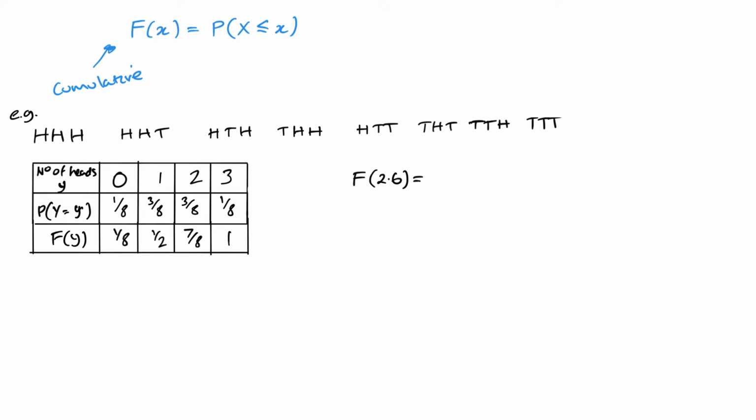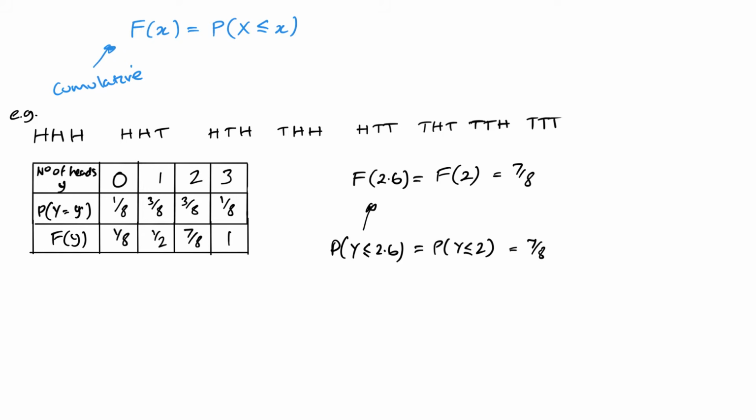So if this is the probability when y is less than or equal to 2.6, then it's got to be when y is less than or equal to 2, I should say, because it can't be any other value, it has to be a whole value. And in this case, I can look up to 7/8, and that would be my answer. Okay, so hopefully that makes sense.